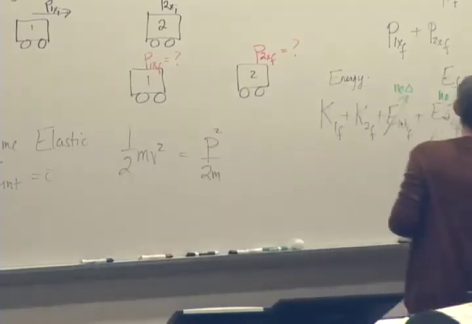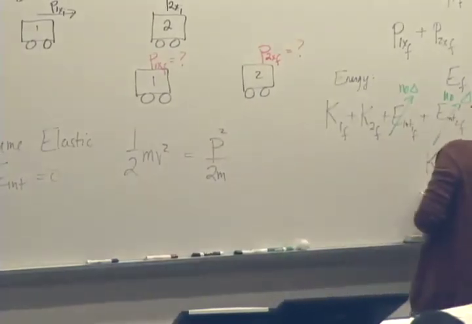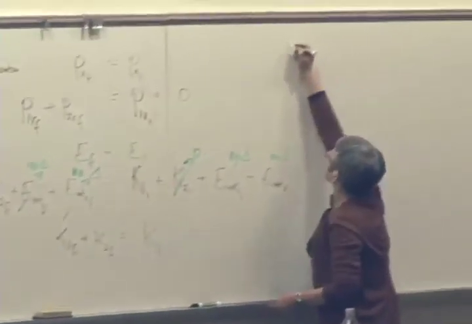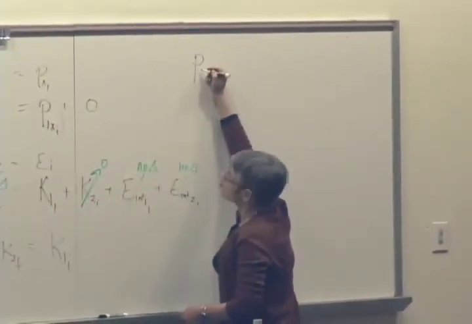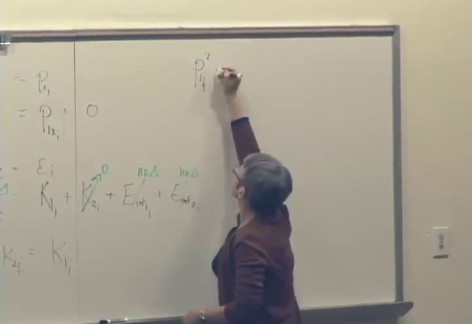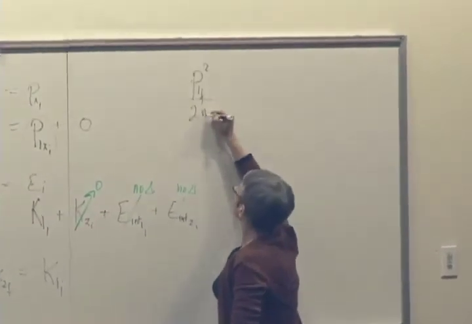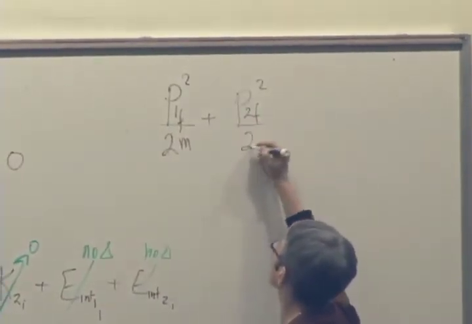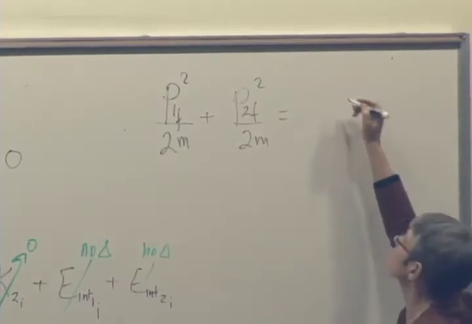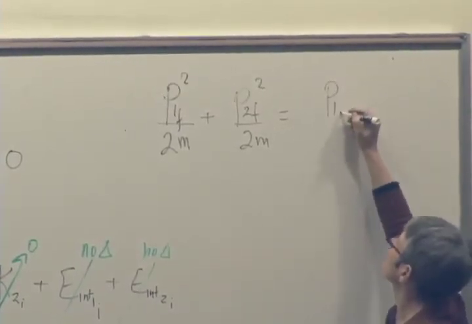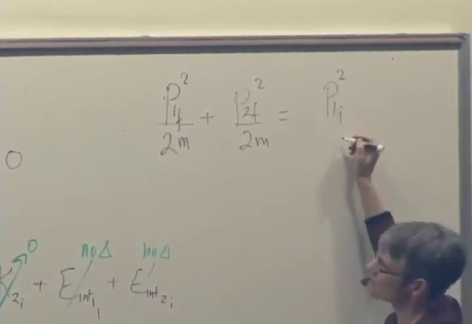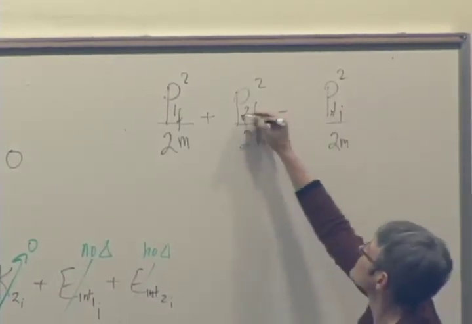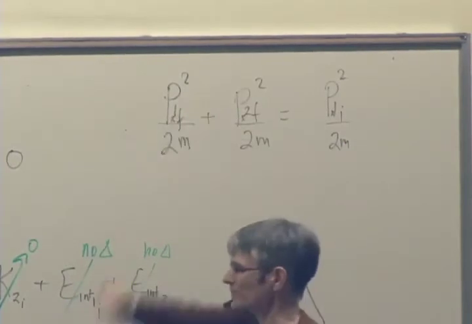So we can write this as: P1 final squared over 2m plus P2 final squared over 2m is P1 initial squared over 2m. And there should be x's here because that's the only thing we've got.